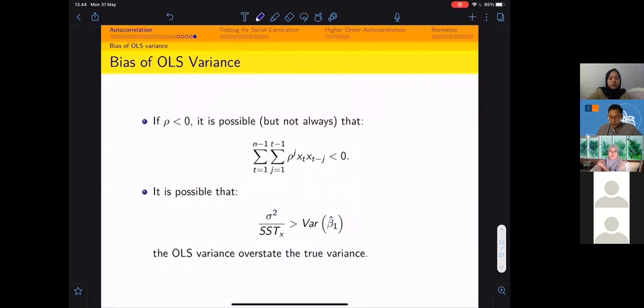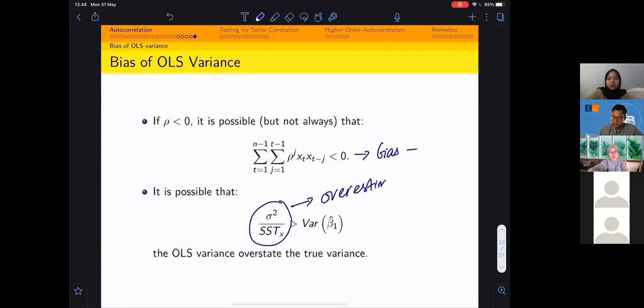Now, suppose we make the assumption that the bias here is negative. In this particular case, the OLS variance is going to overestimate the true variance.